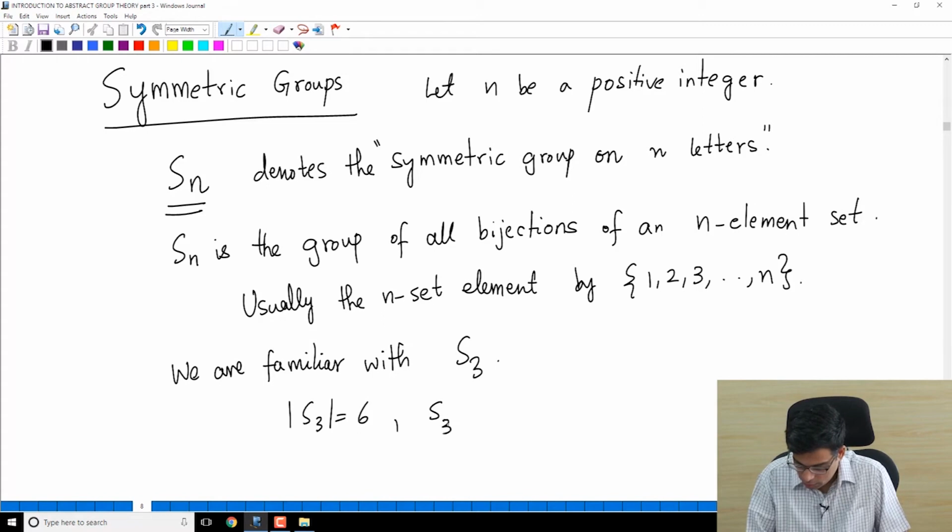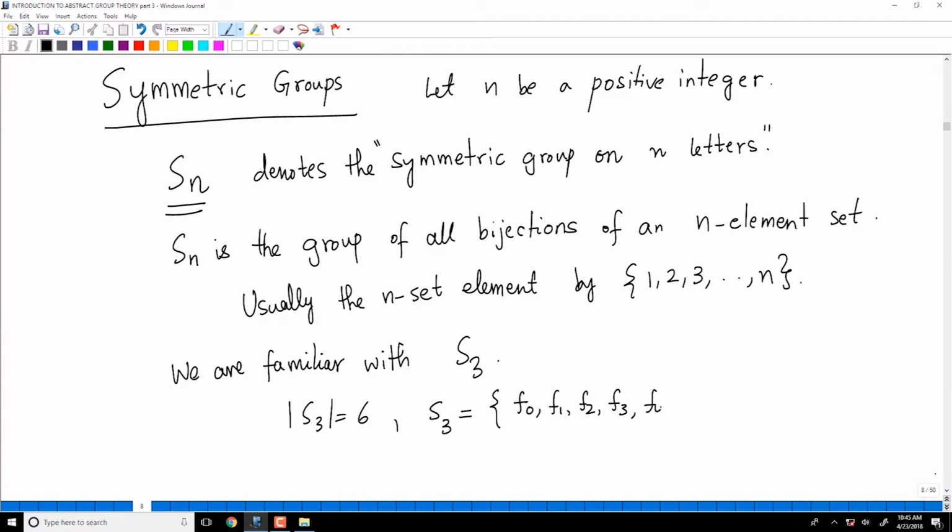And we have various ways of writing this. I introduced in the very beginning one notation where I called them F1 through F6.